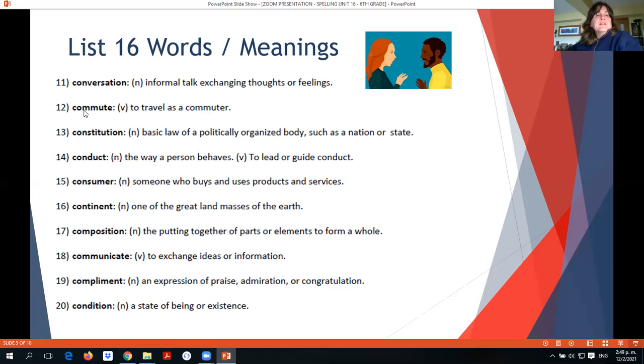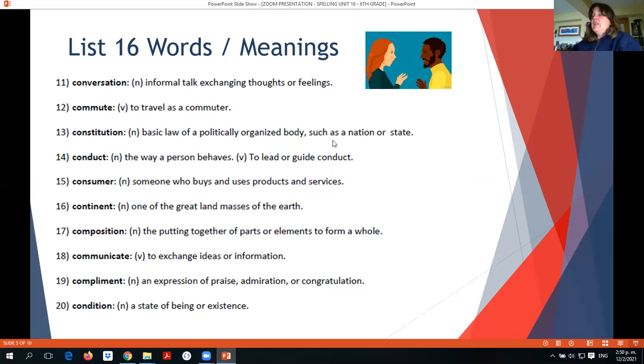Commute, prefix com, it means to travel as a commuter, and maybe this doesn't say much, but I'm going to explain it. A commuter is someone who travels a certain distance every time he goes to work.